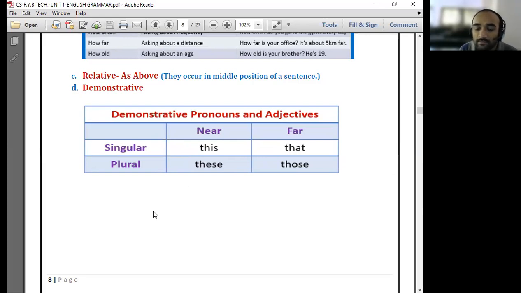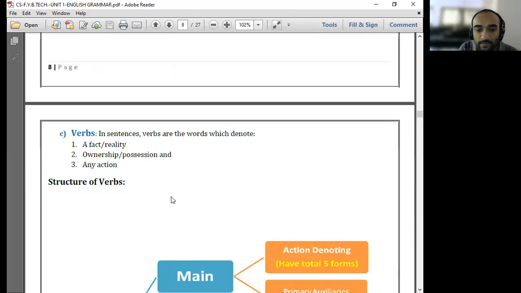The things which are near to you, you can demonstrate with these, and we can demonstrate the things which are far from us and which are plural in number or multiple in number with those. Okay, this, that, these, those. We have done with this also.